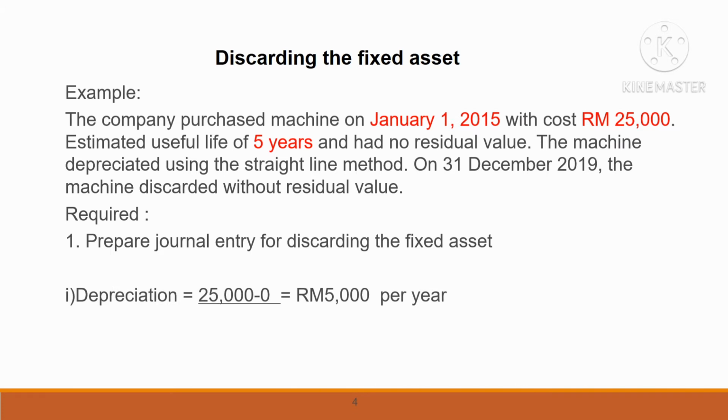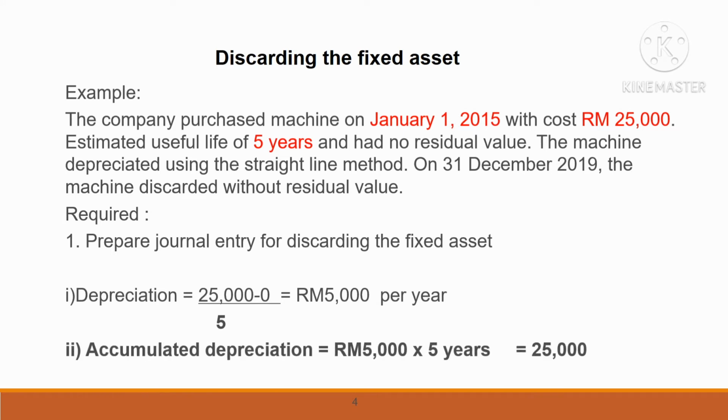So the first step, we have to calculate depreciation. The formula is cost less residual value divided by useful life. So 25,000 divided by 5 years and you will get RM5,000 per year for depreciation.